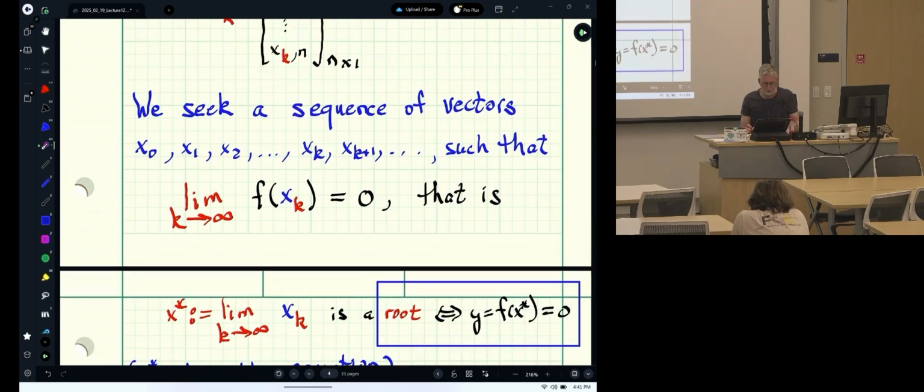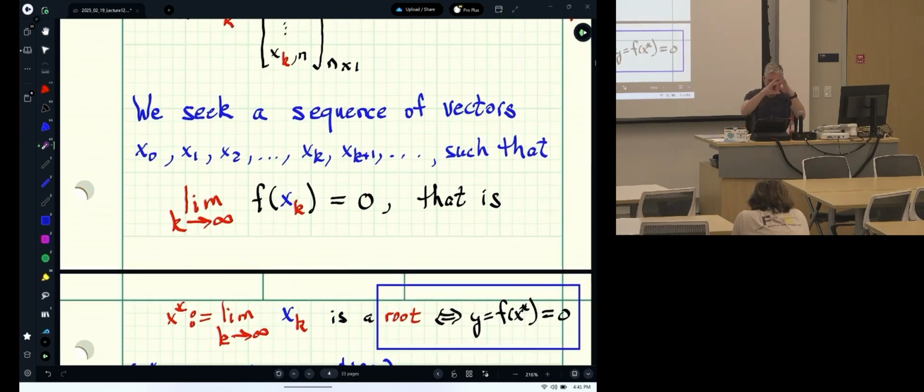We're seeking a sequence of n vectors, so we'll start with some initial guess, could be poor. And we want a sequence of improving guesses such that in the limit, f of the limit is actually 0.